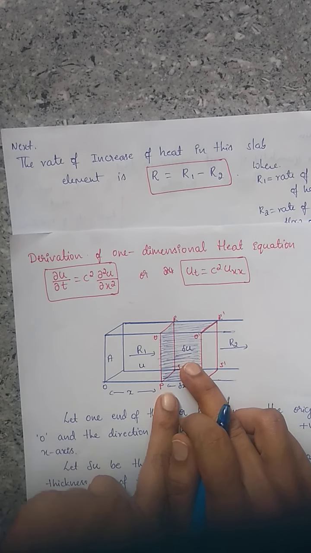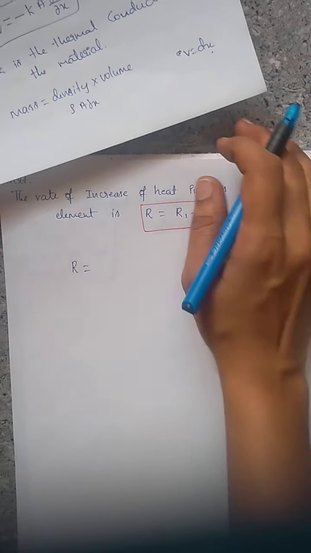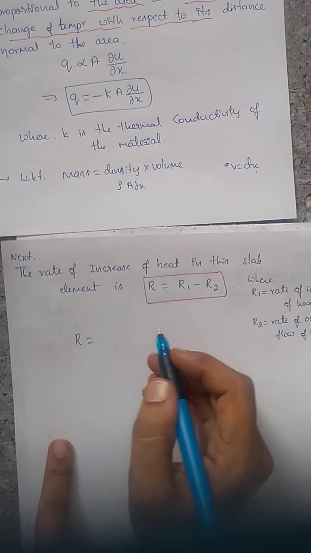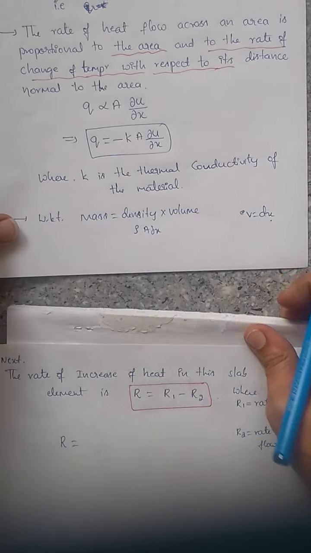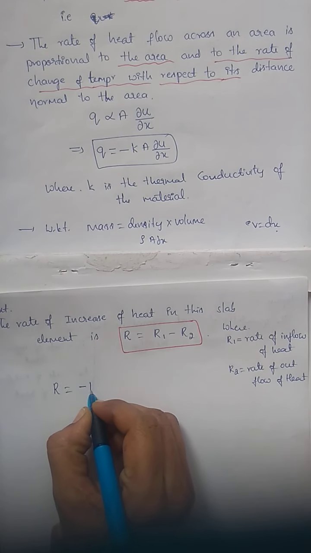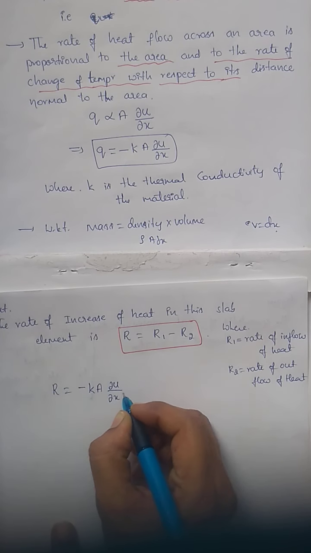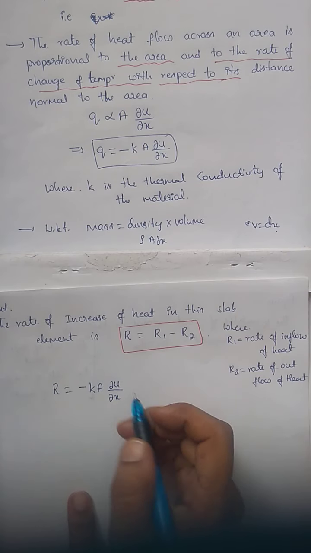Using this formula we can write the rate of heat inflow and outflow. So R1, the rate of inflow, is equal to minus K A dou U by dou X, the rate of change of temperature with respect to distance.